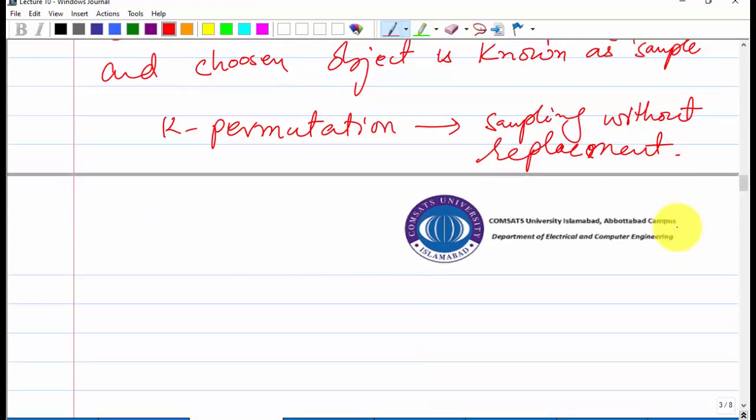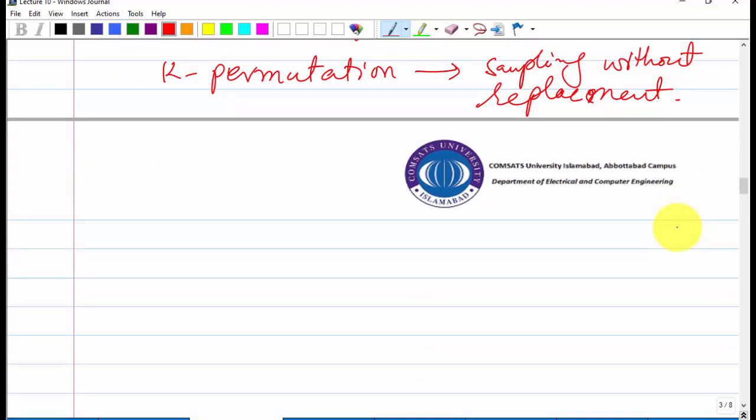There is another important thing in it, and obviously they are ordered. I'll write it here. Ordered means that in this order we will choose the objects, we will not change their order.